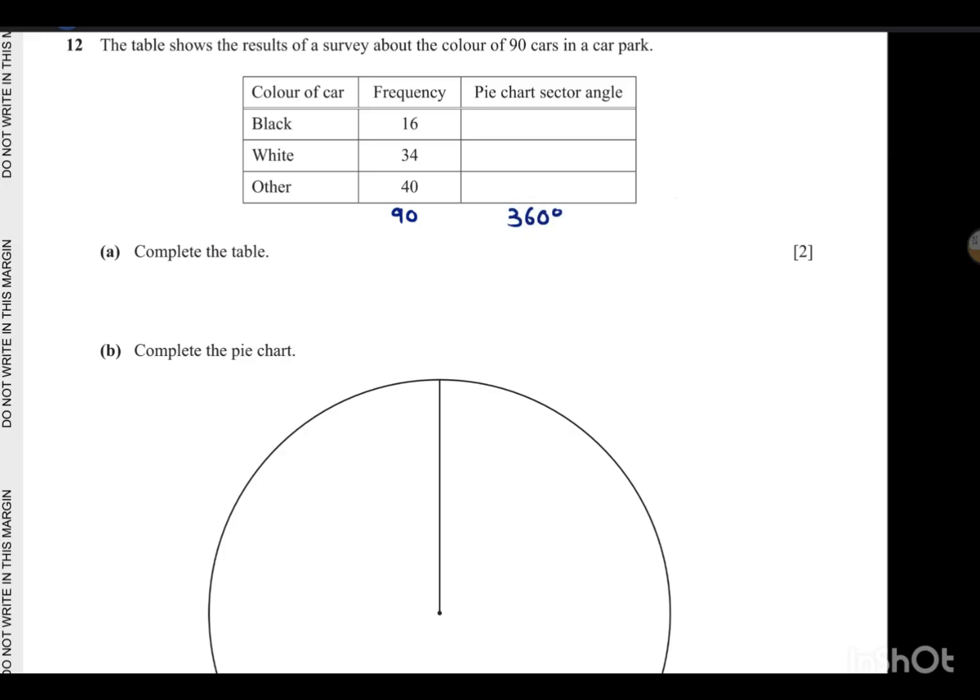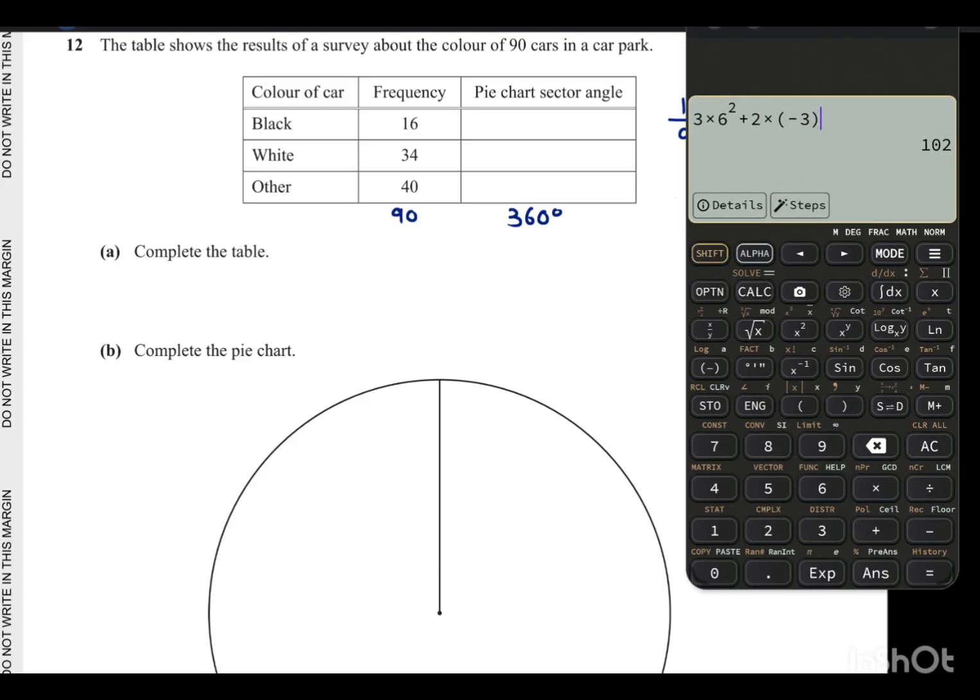To find the angle for each part here, we will have to take the frequency divided by the total, into the complete angle. So do it. 64 degrees.